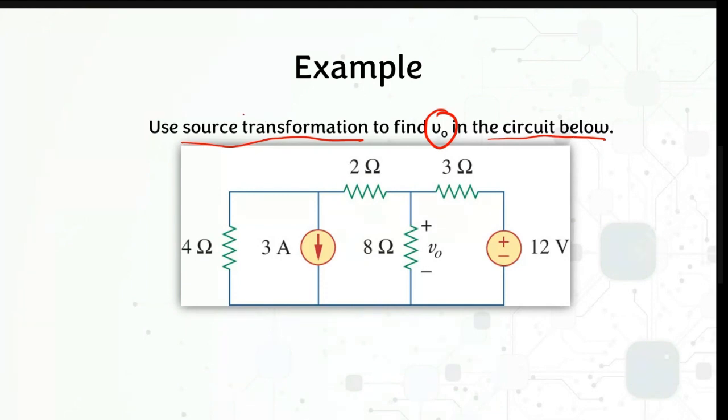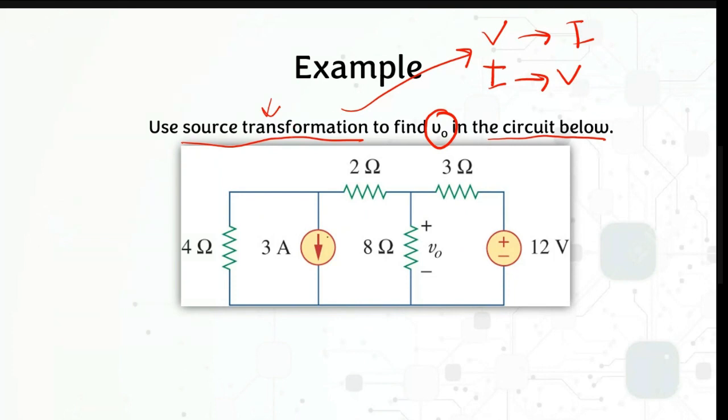Because the question asks you to use source transformation, make sure you use it. Source transformation means you transform your voltage source to a current source, or your current source to a voltage source.